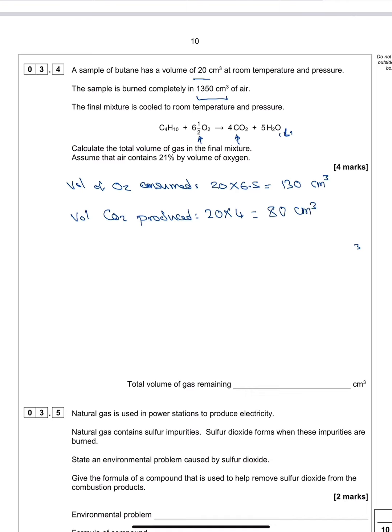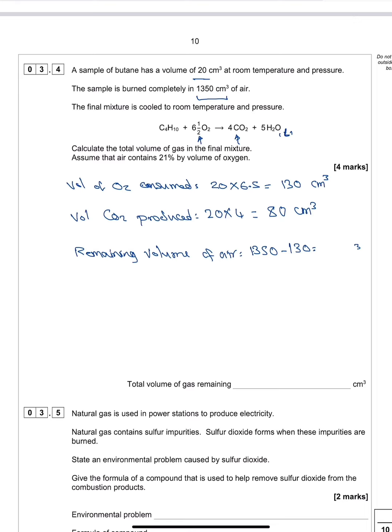Remember that the oxygen came from air and the total volume of air was 1,350. So the remaining volume of air at the end will equal 1,350 minus the 130 centimeter cubed of oxygen that was used in the reaction.